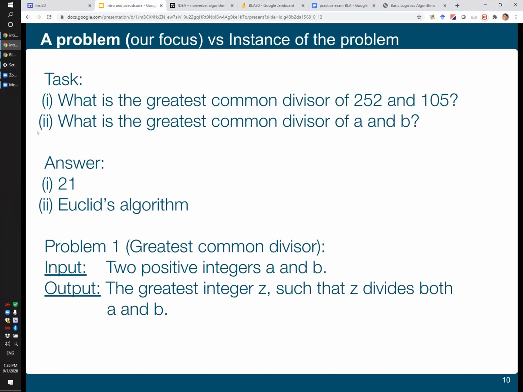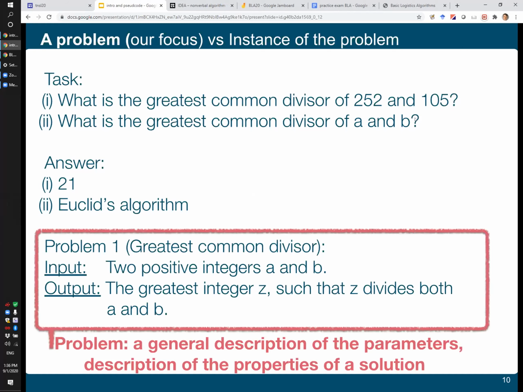But what we really want in this course, we want an algorithm that would find the greatest common divisor for arbitrary numbers a and b. So the answer to question 1 will be a single number. The answer to question 2 is an algorithm.